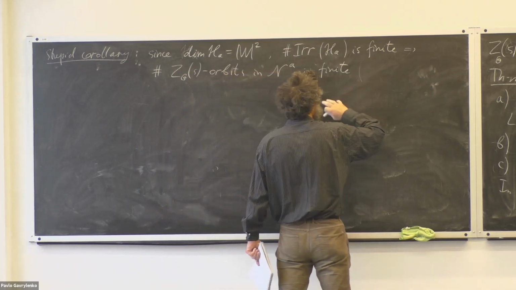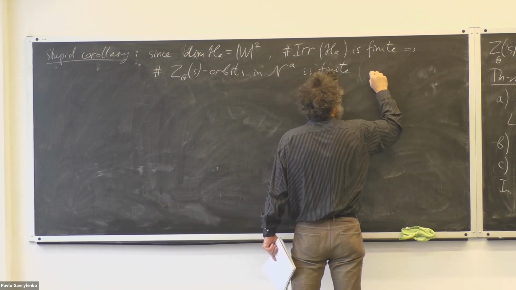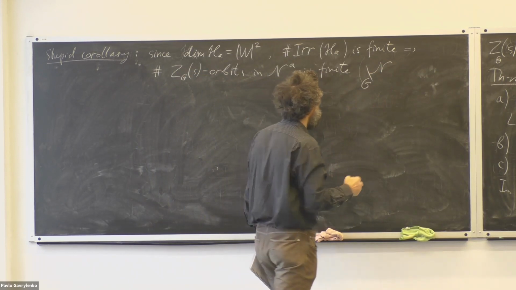So it's some generalization of the fact that the orbits of G in the nilpotent cone only form a finite set.